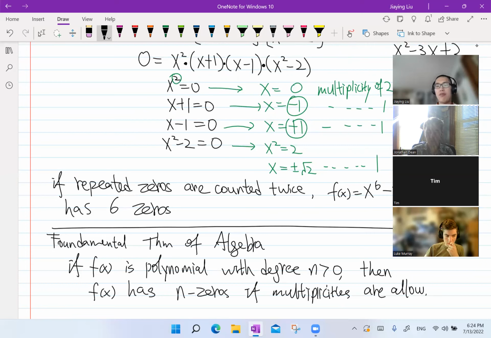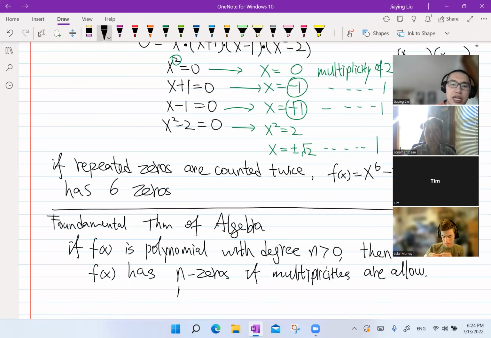What that means is that if we count multiplicity of 2 as 2 zeros, right? If 0 has multiplicity of 2, we count that as 2 zeros. Then for a polynomial function with degree n, that function is going to have n zeros or n roots. It does not mean it's going to have n x-intercepts, because x-intercepts are strictly real numbers.